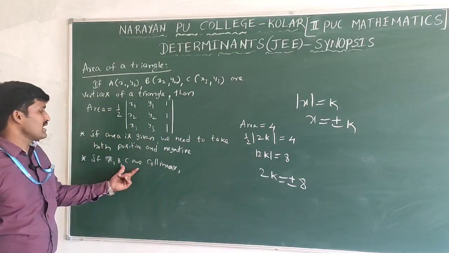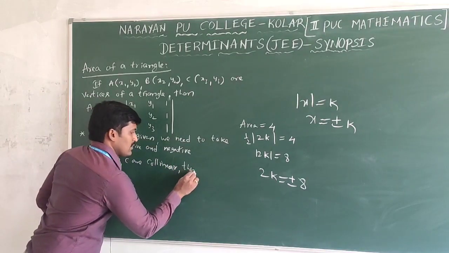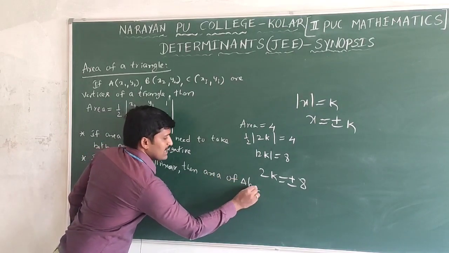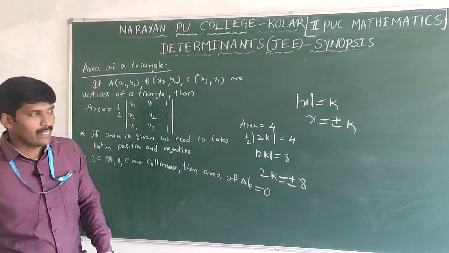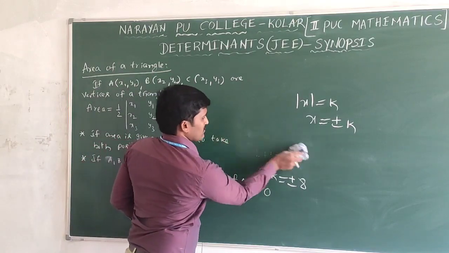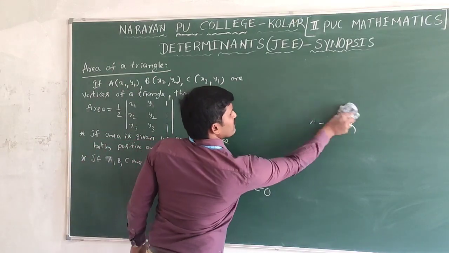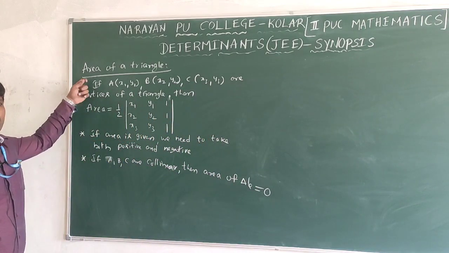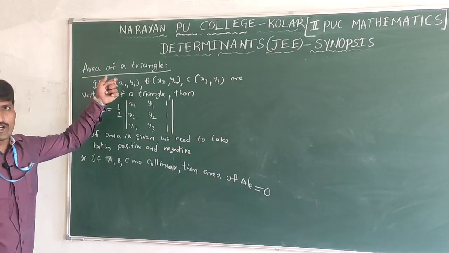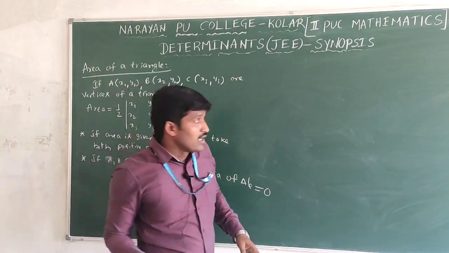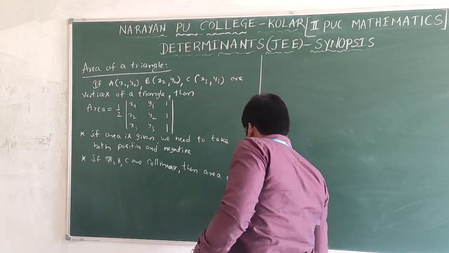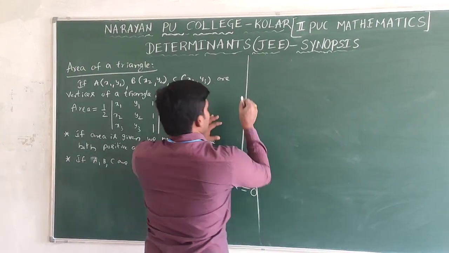So if A, B, C are collinear, then area of triangle is 0. So these are the main points we need to follow in the area of triangle concept. Next, coming to next concept, how to find the minors and cofactors.